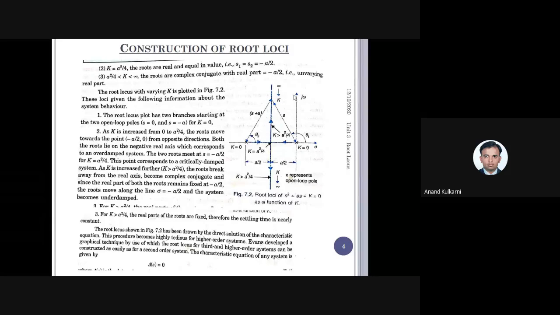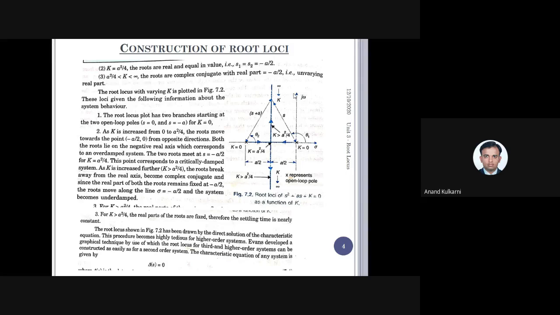And how much underdamped? Underdamped means the zeta value will go on decreasing as the value of k goes on increasing. So you have to choose the k value, or gain of the system, depending on your requirement of the damping. So with a second order system, you can design a door closer also, or a suspension system also.